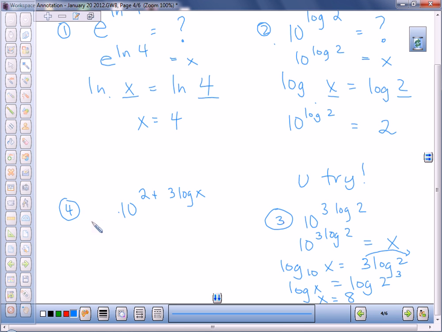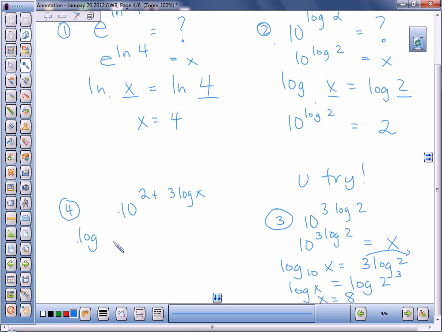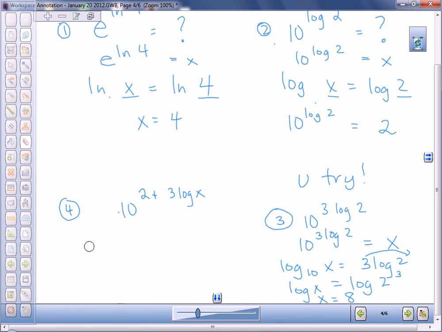Okay, so this becomes, if we switch forms, it becomes log base 10. I've already used x, so what can I use? Z. Okay, maybe this isn't the best way to do it then. How can we think about this?